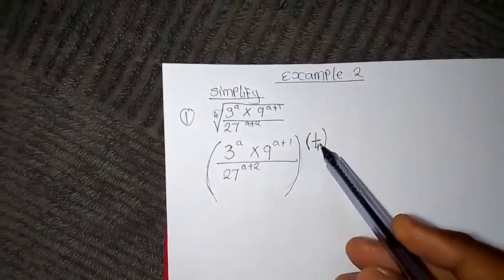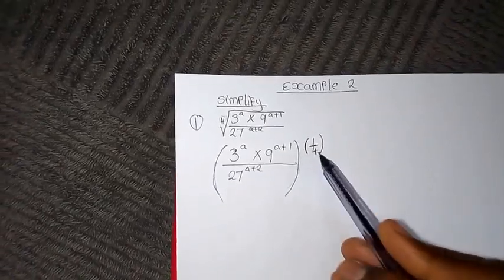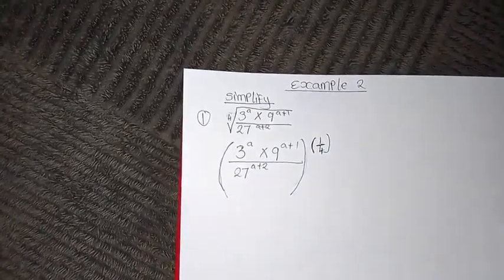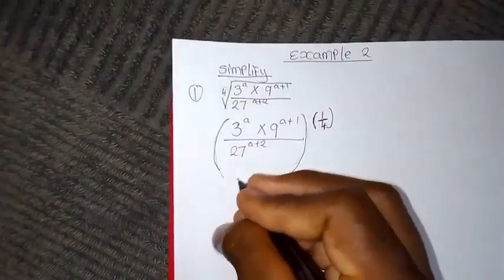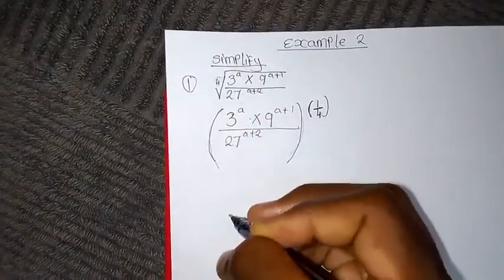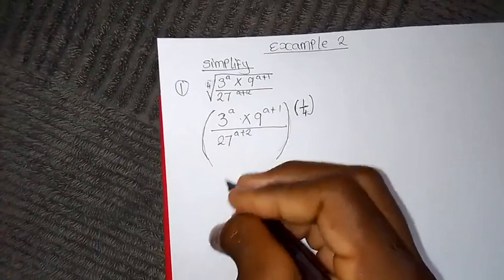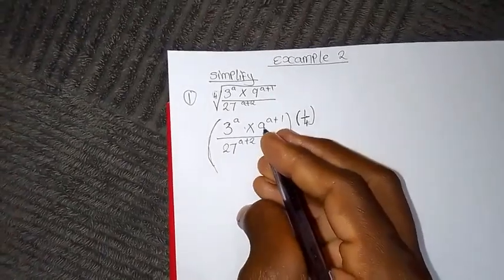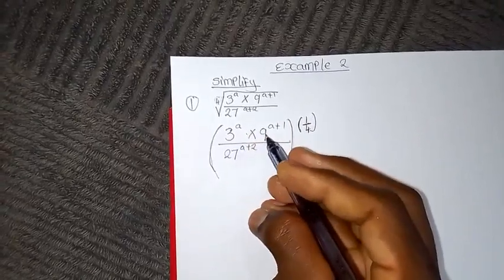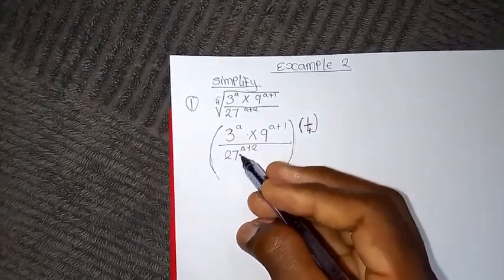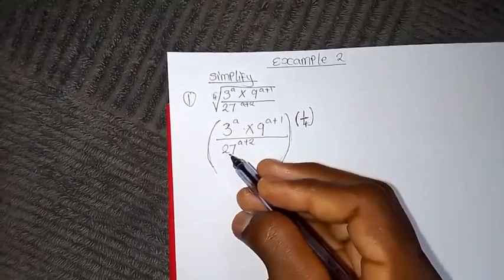When you evaluate this, the fourth root will come here, so it's raised to the power 1 over 4. Now inside the brackets, let us reduce the bases so that they are the same. 3 can stay as 3, and 9 can be reduced: when we square 3, we have 9, and when we cube 3, we have 27.